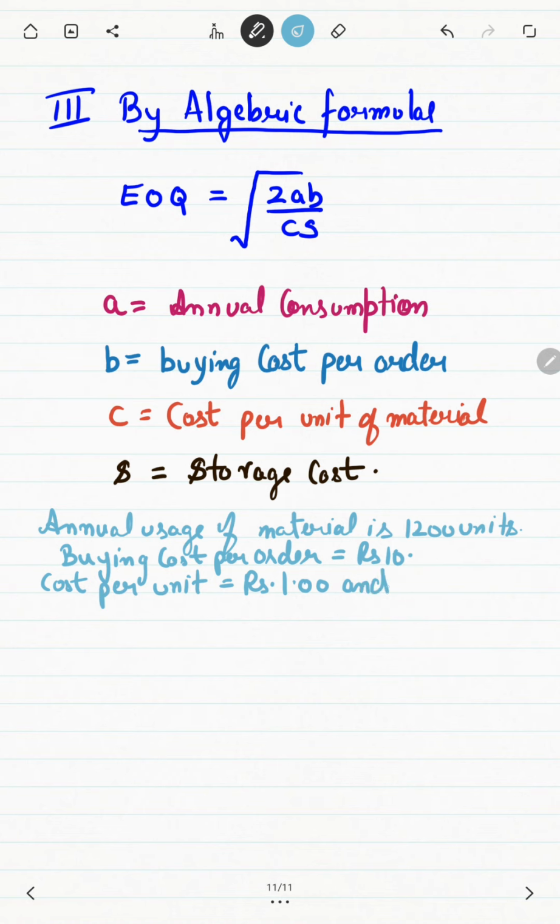And inventory or storage carrying cost is 24% per year.